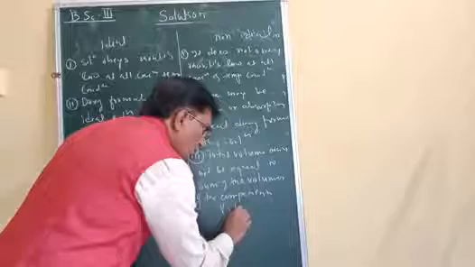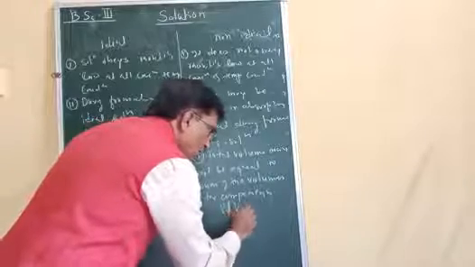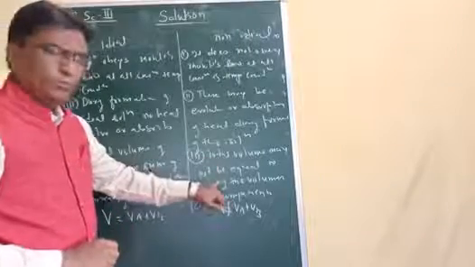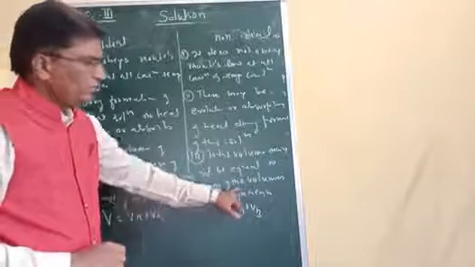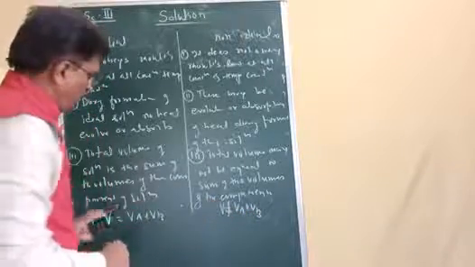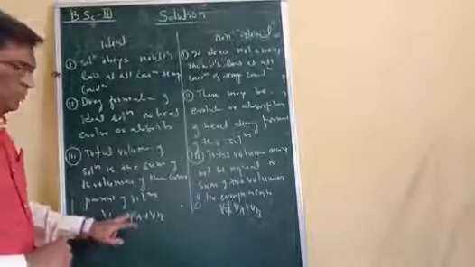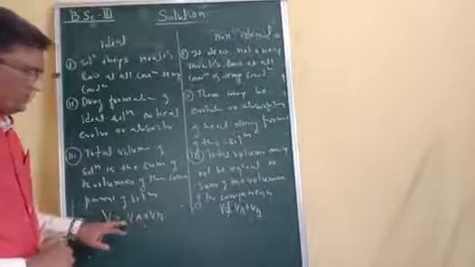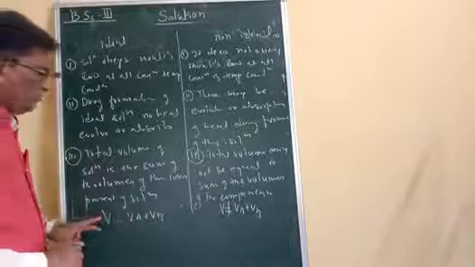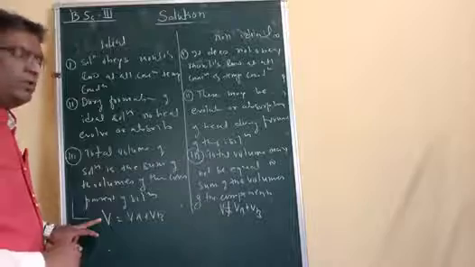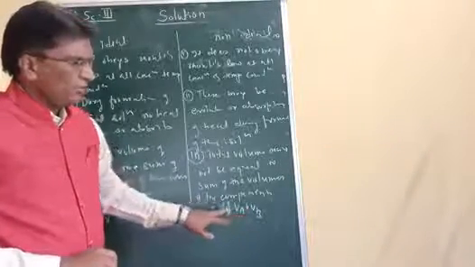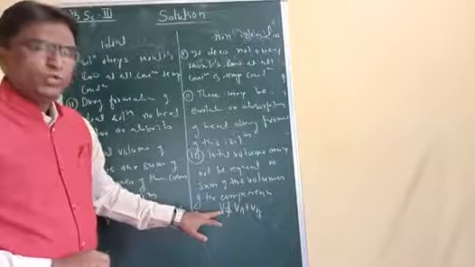That is, V is not equal to VA plus VB. Suppose VA is the volume of component A, VB is the volume of component B, then the sum of these two is equal to the total volume of the solution. But here the sum of the volumes of the components is not equal to the total volume of the solution.